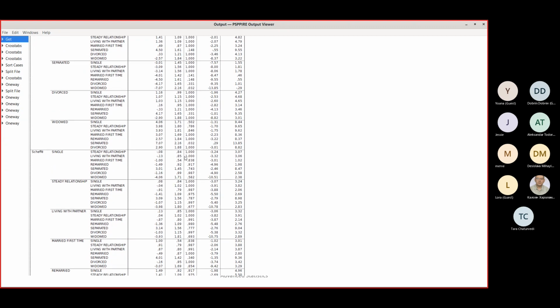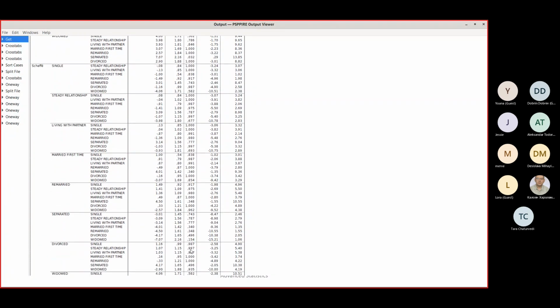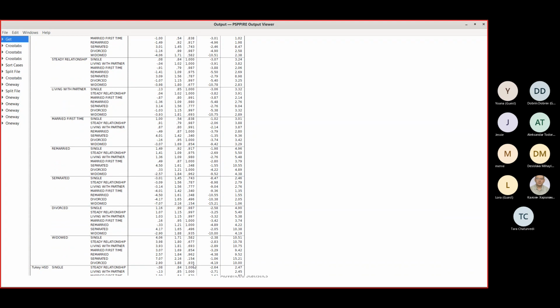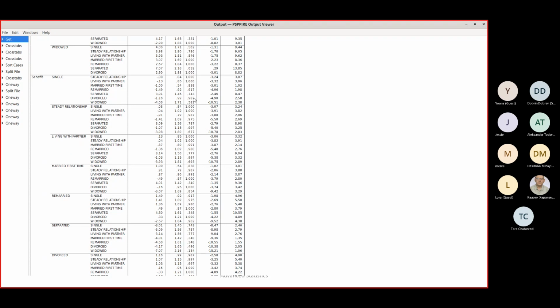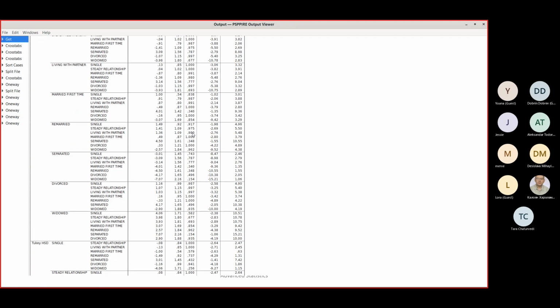For the Scheffé, there are no values which are smaller than 5%. So according to the Scheffé method, there are no statistically significant differences in all pairs.